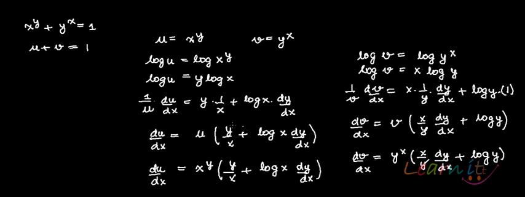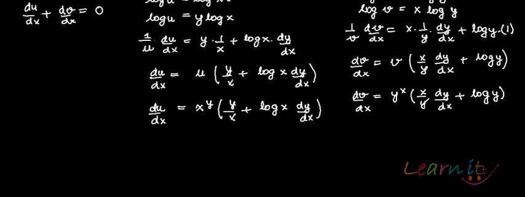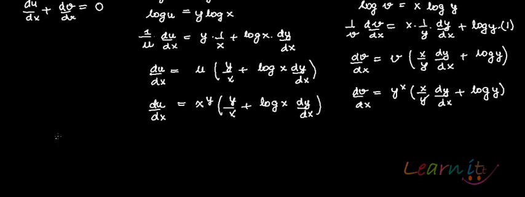Now, taking up the entire thing, du by dx plus dv by dx, and differentiating 1 with respect to x is 0. So you will just substitute both of these which you have just calculated, writing in place of du by dx this expression.